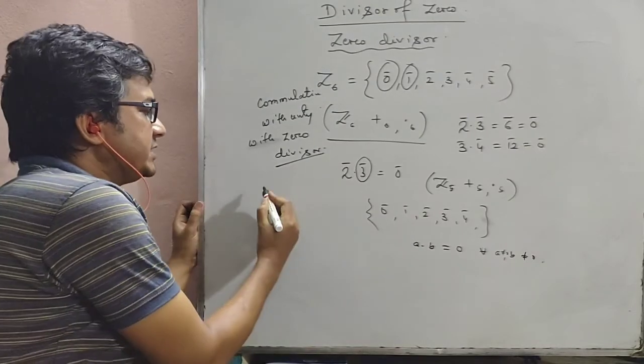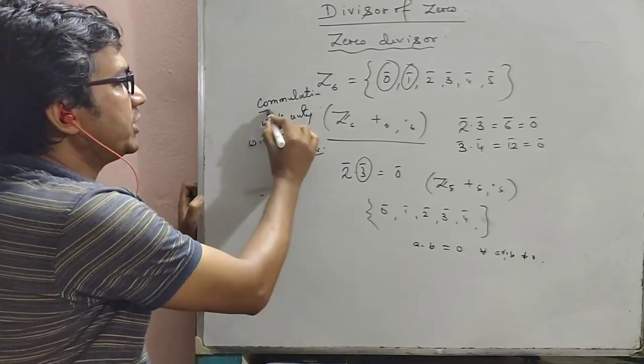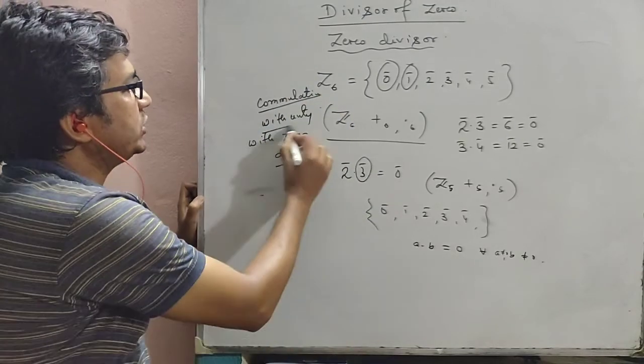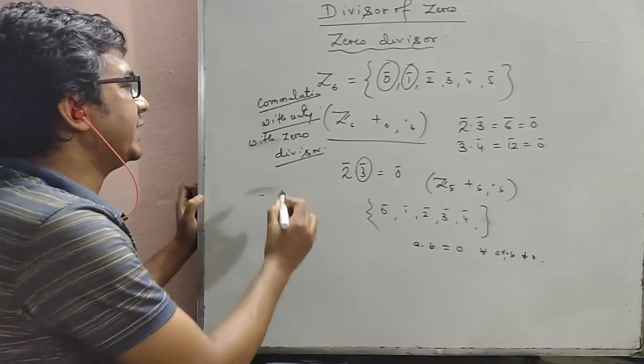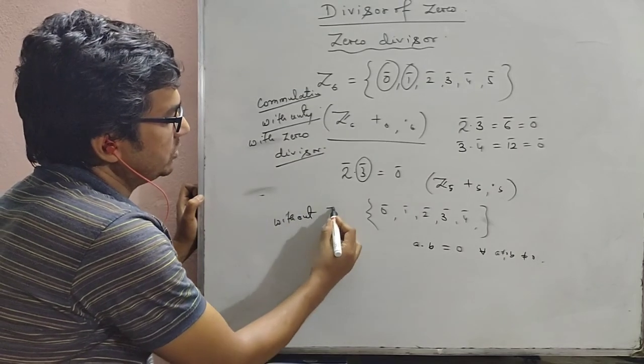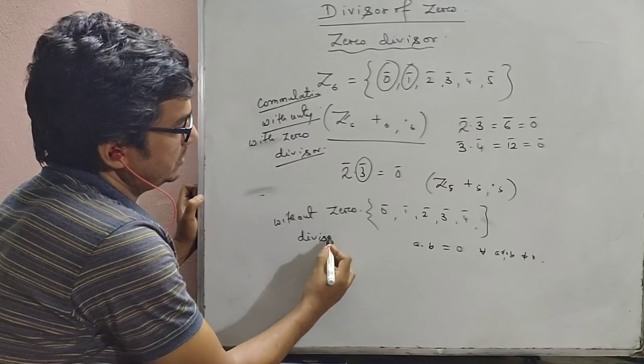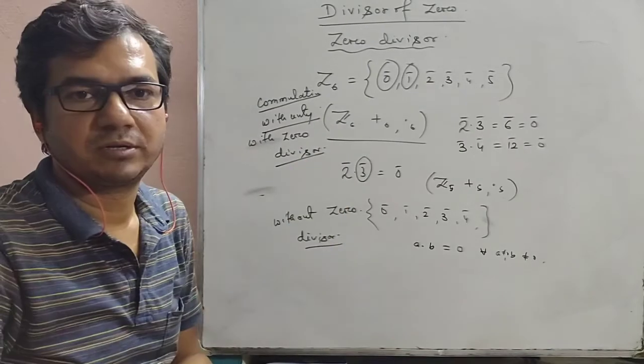But Z5, this ring is also commutative, is also with unity, and this is without zero divisor. Without zero divisor.